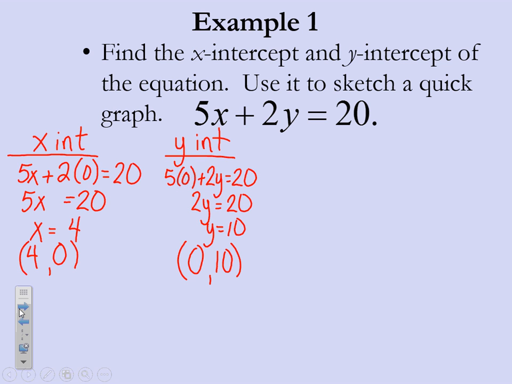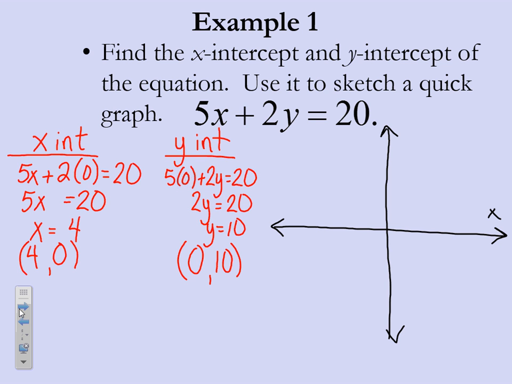How does this help me sketch a graph? Well, in your composition notebook, let's make a little graph near this example. You can sketch in the x-axis and the y-axis here. And we want to essentially plot these 2 points and allow these 2 points to help us graph that line. So the x-intercept is (4, 0). You have a beautiful graph composition notebook, so you can find that location pretty easily.